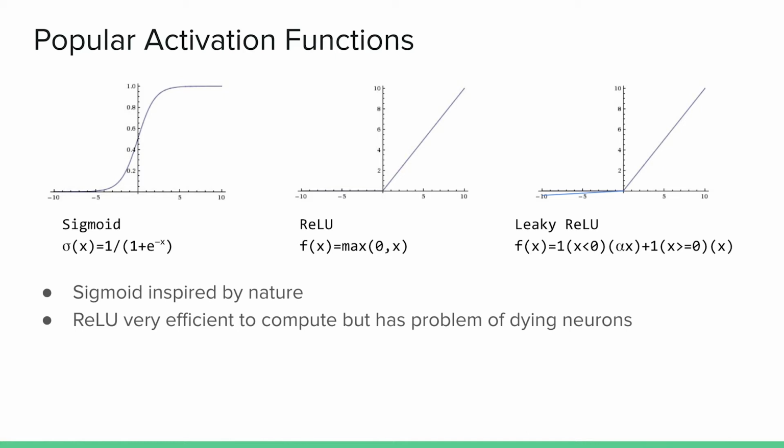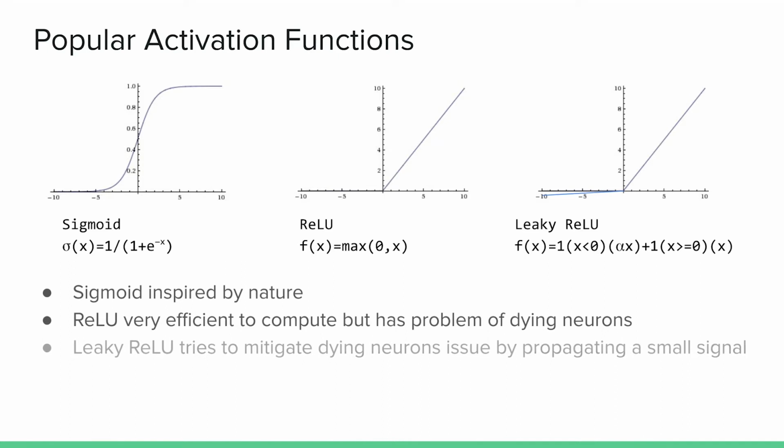When you think about a signal that goes to the left of the y-axis, so that is negative, you don't get any signal at all, so it doesn't propagate any information. So people have come up with this idea of a leaky ReLU, where we also propagate at least a small signal when we have a negative input.